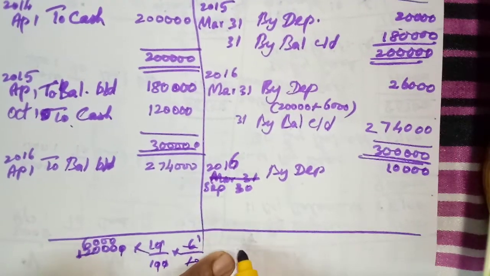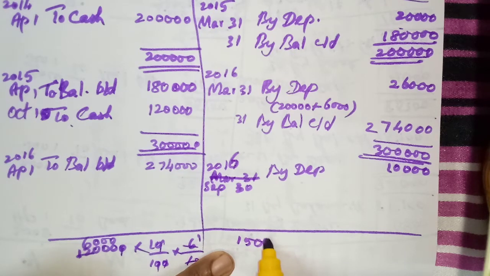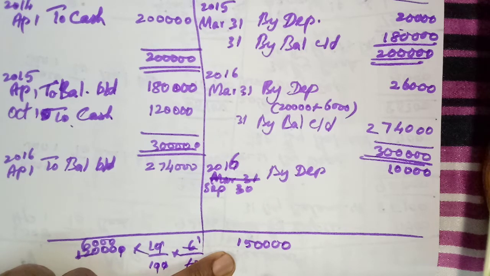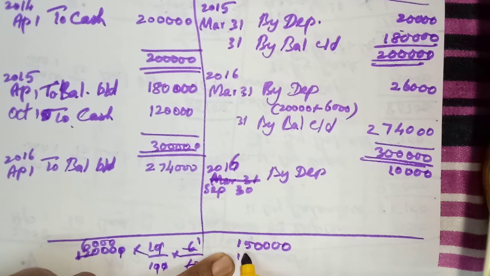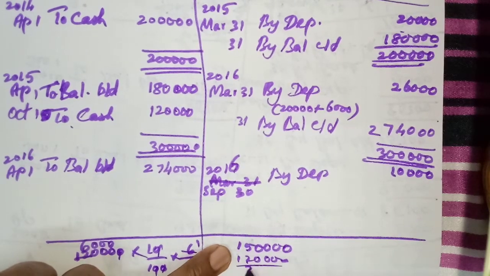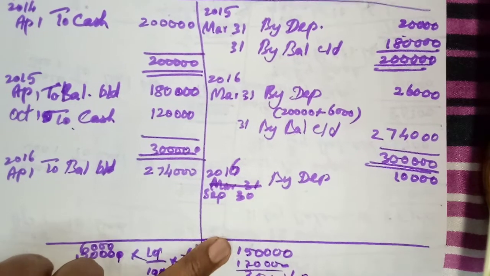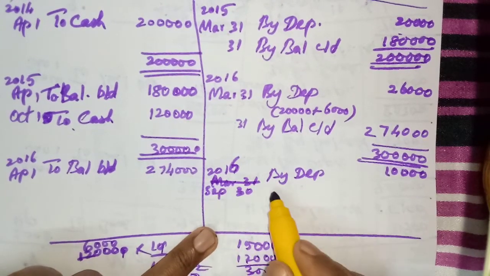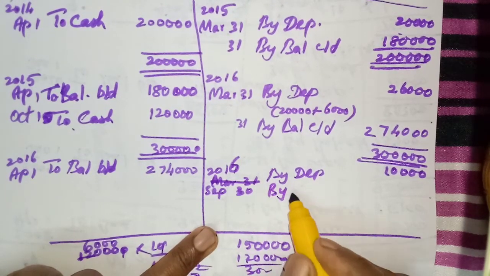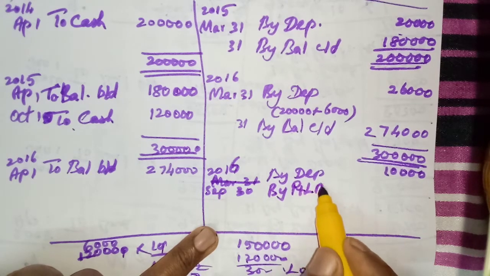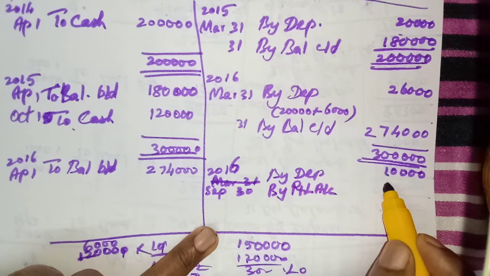So the book value is 1,50,000. They are selling for 1,20,000, so less price. So 30,000 is the loss. We need to write that same September by profit and loss account, 30,000.